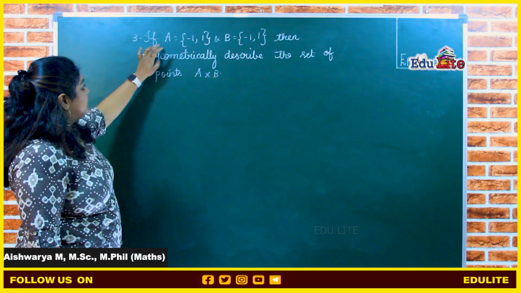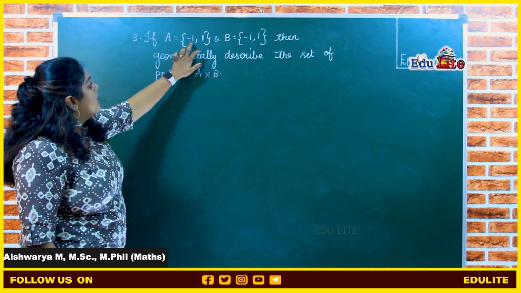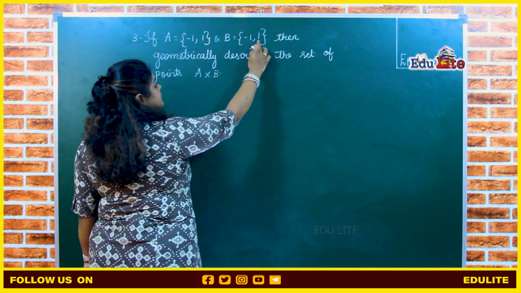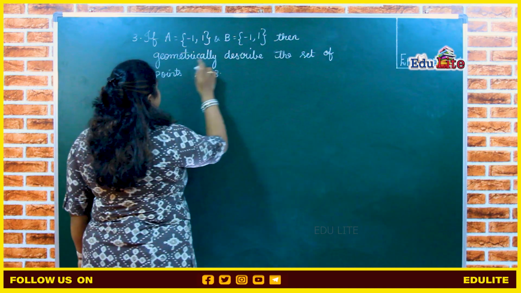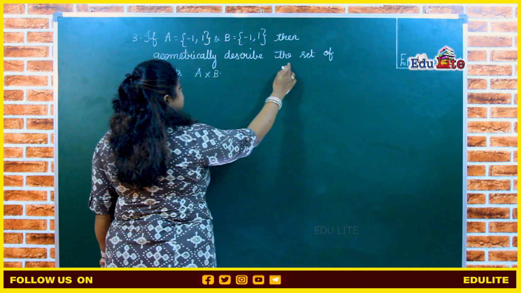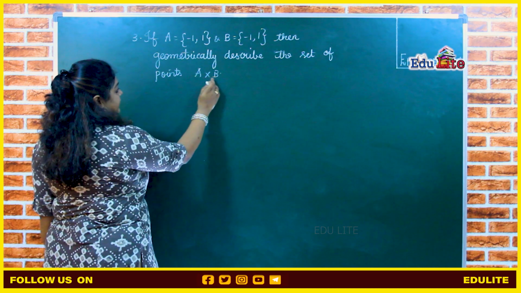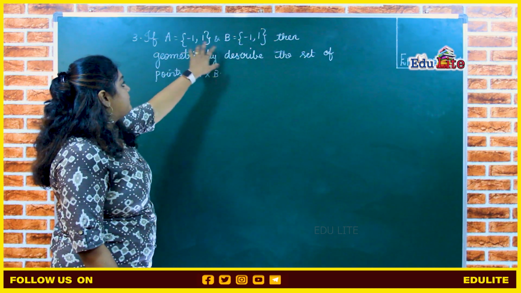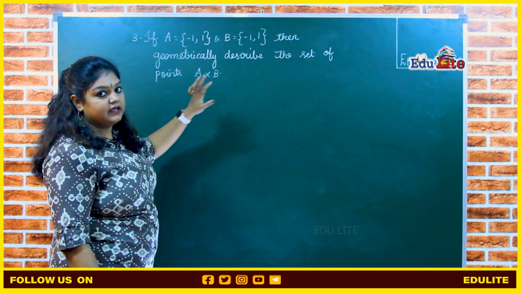The third problem is given as A equals {-1, 1} and the set B is also {-1, 1}. Then geometrically describe the set of points A cross B. So in this problem we have to describe the points of A cross B geometrically.